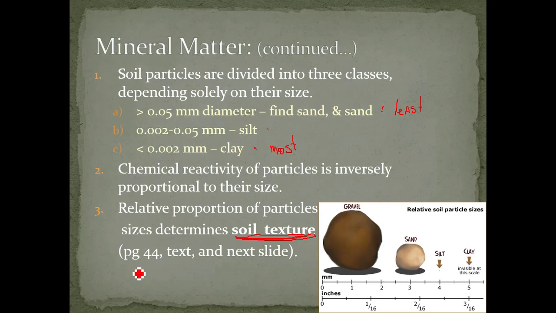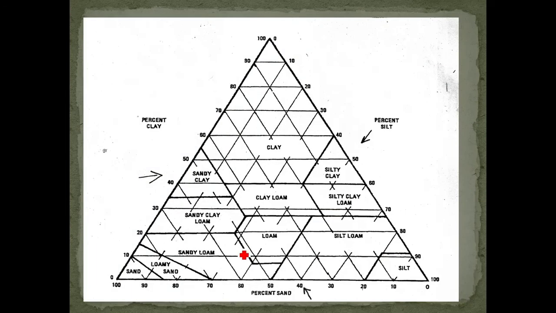This information is going to be found on page 44 of your text, and on the next slide, here's our soil textural triangle. This is copied out of your textbook. These are your textural classes here. You have everything from a sand to a loamy sand to a sandy loam, sandy clay loam, a loam, silt loam, clay loam, silty clay loam, a silty clay, a clay, and a sandy clay.